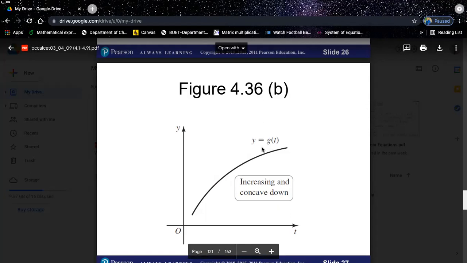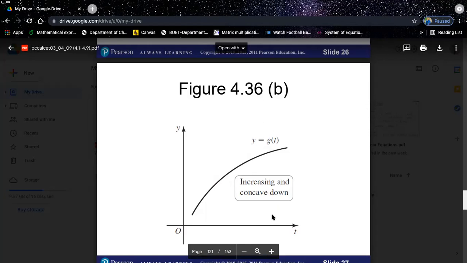Let's say I don't really know anything. I just only know the definition that if the slope of the tangent is decreasing as you are moving to your right, that means as you're increasing the values of t here, your slope of the tangent is decreasing. I just only know this definition of concave down.